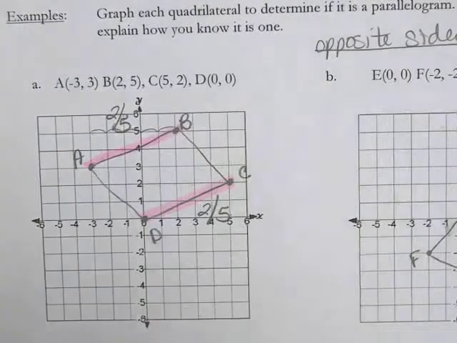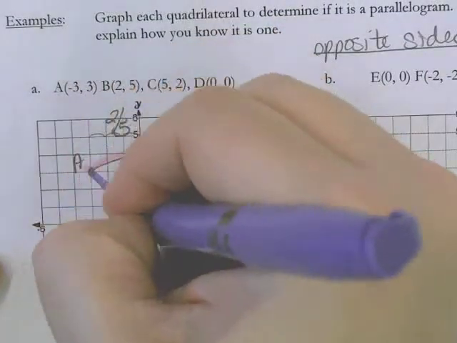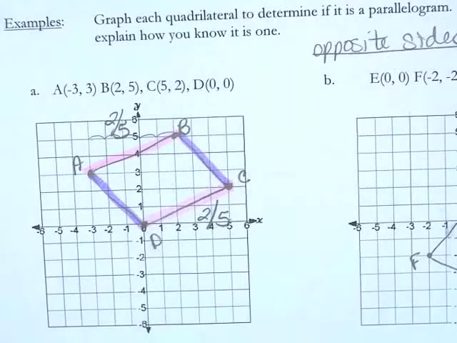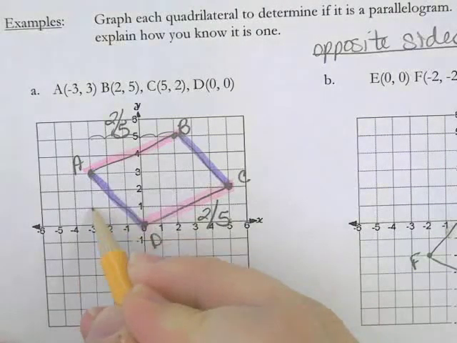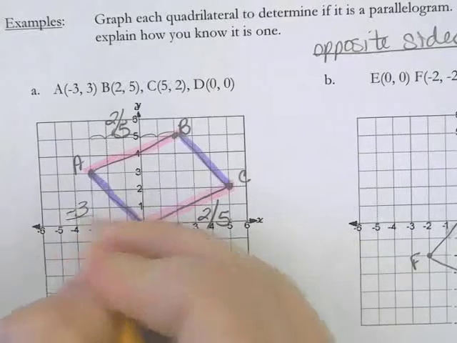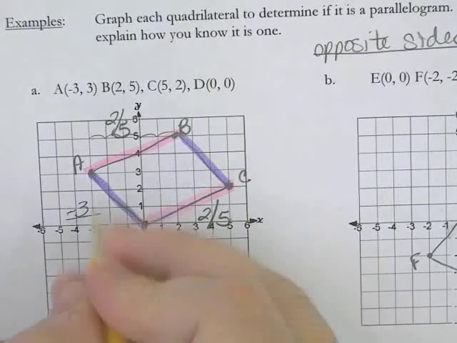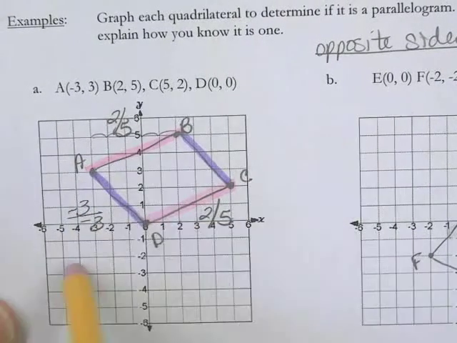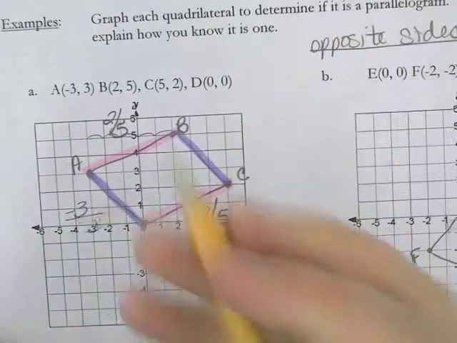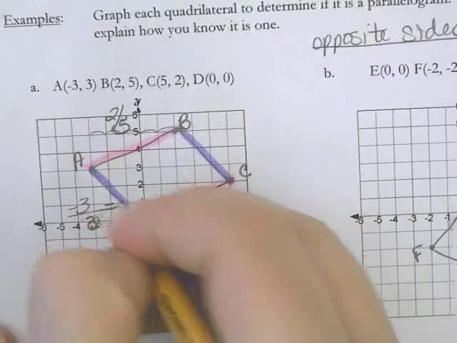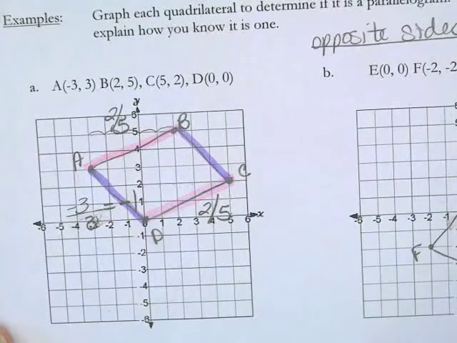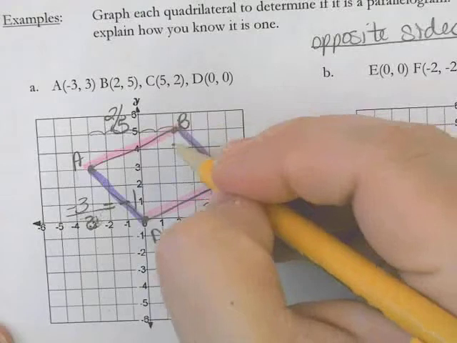So now I need to check this one, so I'll highlight this one purple. So to get from A to D, I went down 1, 2, 3. And I went over 1, 2, 3. Oops, not a negative 3. Negative 3 over positive 3, which is a negative 1. Well, let's see. Did I go down 1, 2, 3 and over 1, 2, 3?